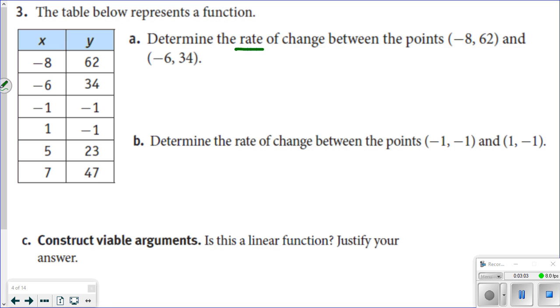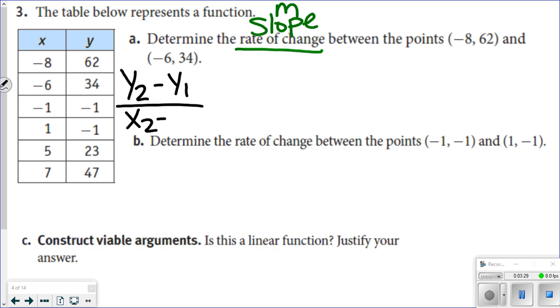Remember that rate of change is another word for slope, and we use the letter m for slope, between the points (-8, 62) and (-6, 34). So we're going to use the slope formula for this. Okay, remember the slope formula is y2 minus y1 over x2 minus x1.